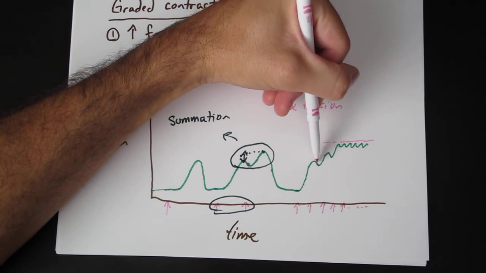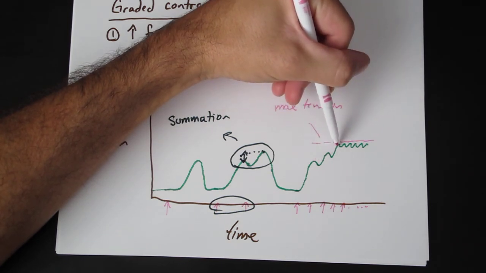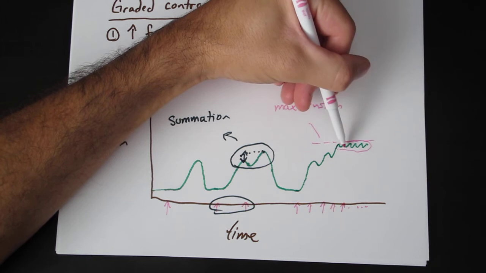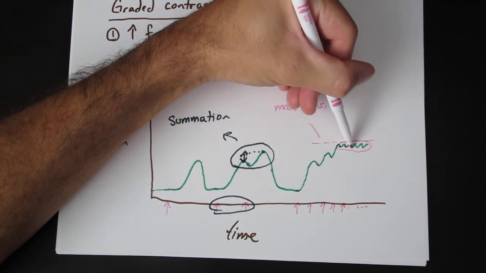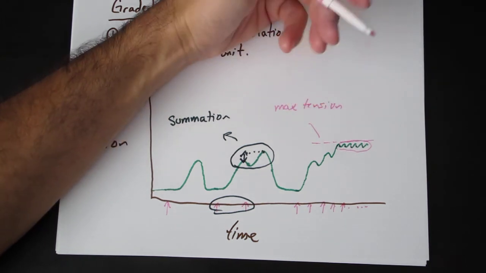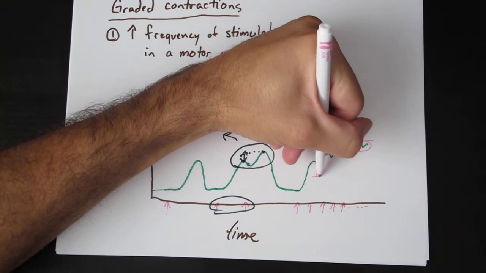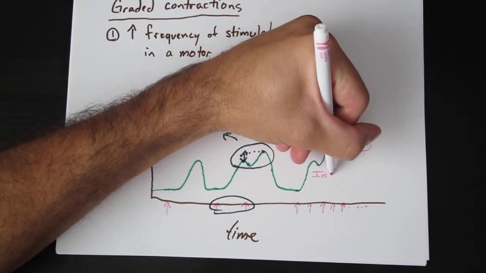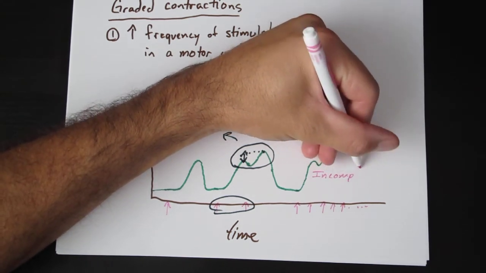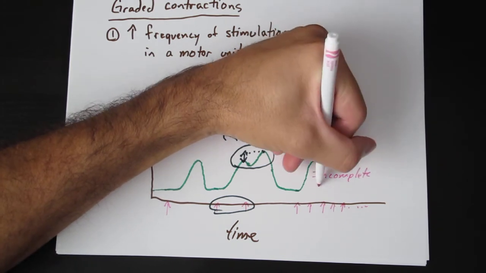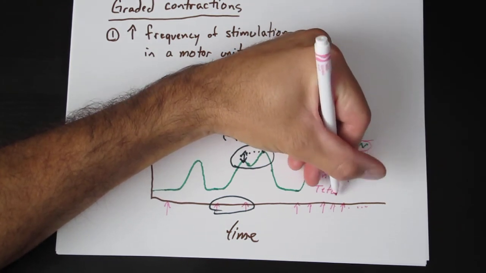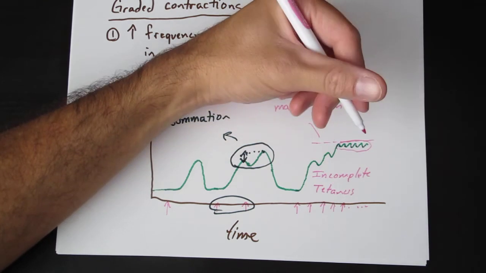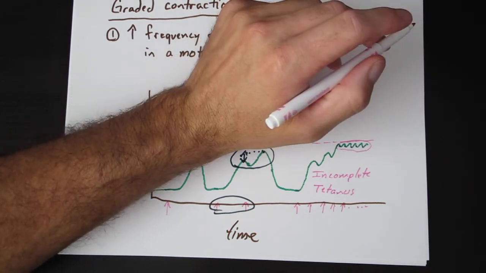And you'll see that even though I'm at this max tension, there is just a little bit of relaxation in between each one of those. Okay? We call this incomplete tetanus.